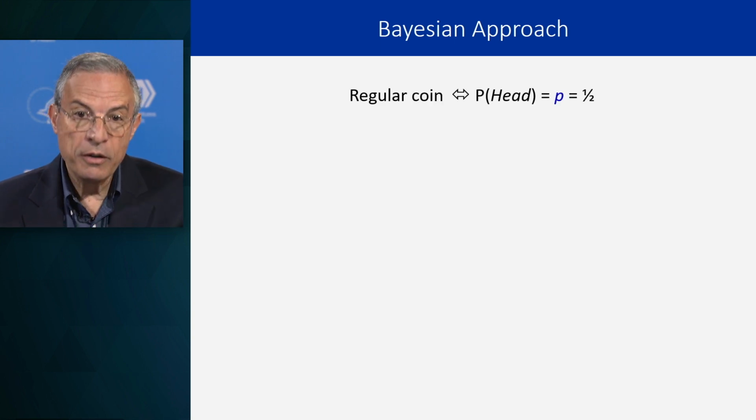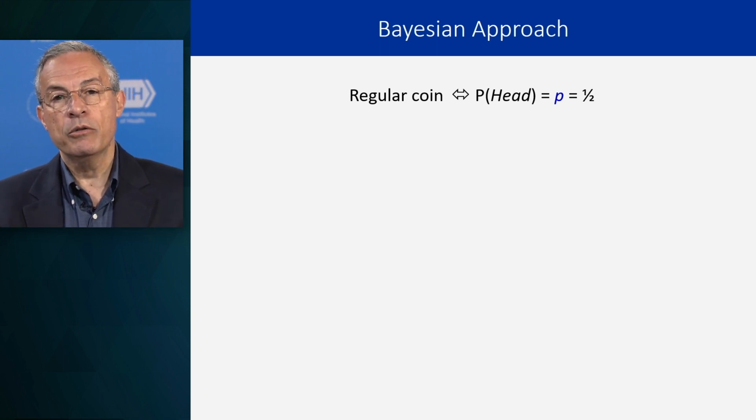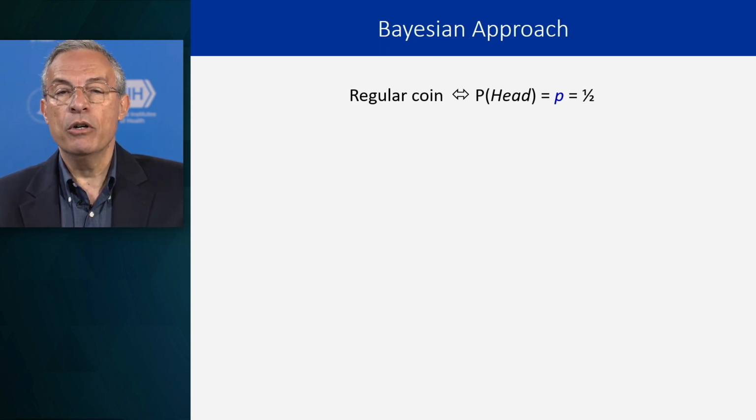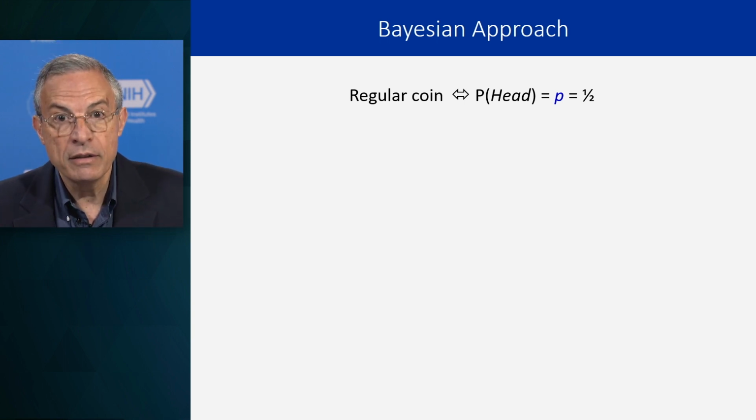So the difference between the Bayesian and the frequentist approach is that the Bayesian thinks of the probability of getting a head, P, as a variable. So to say it's a regular coin, what does it mean? It's the same thing as saying that the probability of getting a head is 1/2, right?